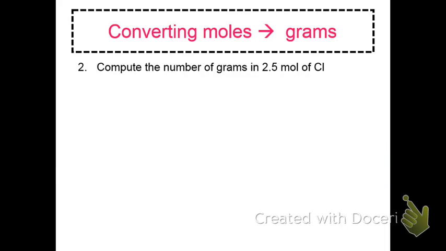Let's go the opposite way. So in this case, we're going from grams to moles. So we're going the opposite way. I'm sorry, I think I said that backwards. Moles to grams. It's easy to get it all confused, right? 2.5 moles.